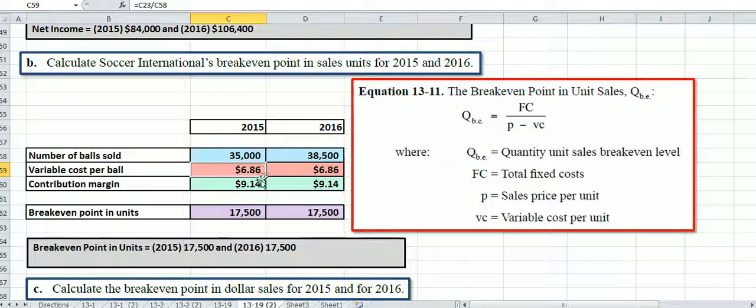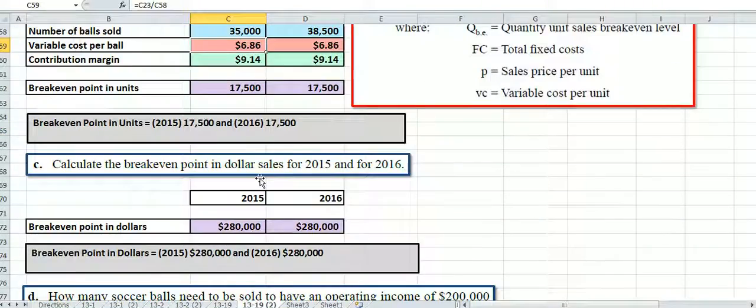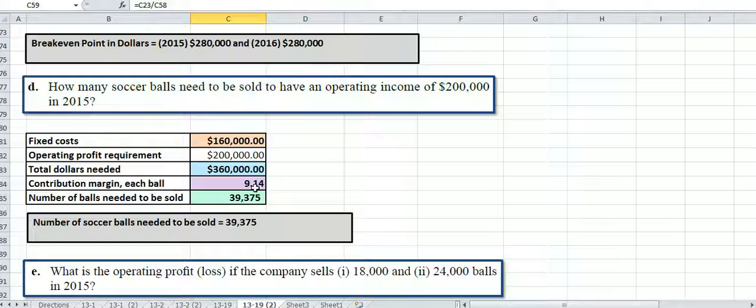Subtracting that from the price gives us our contribution margin right here, and that's how we figured out that in order to have an operating profit of 200,000, we needed to sell 39,375 balls. Okay, so this is not the break-even point. This is the point way above it, where you actually have a pretty good profit, right?